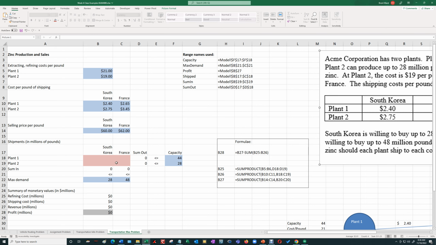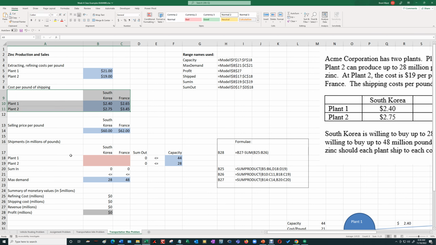Then in here we have the decision variables, which are laid out just like the shipping area right here, where we have the plant and the destination countries, except this time we have to add the sum that comes out of Plant 1, so that's the sum of this row, and Plant 2, this is a formula right here in cell D19, which is the sum of row 2.